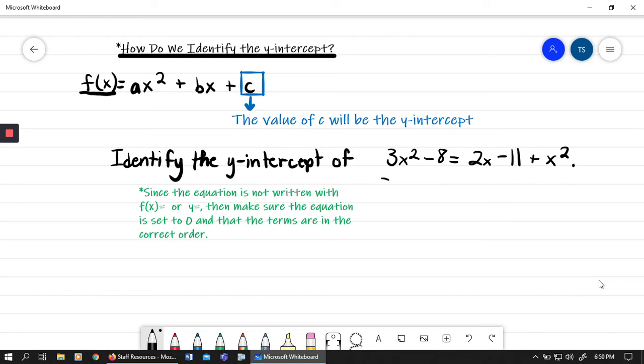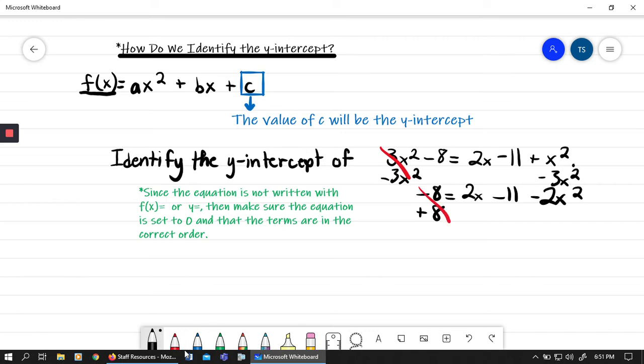So I'm going to subtract this 3x squared from both sides. It's going to cancel out here, and we're left with -8 equals 2x minus 11 minus 2x squared, and then we've still got to get this -8 to cancel out so that we've got 0 on one side of the equation.